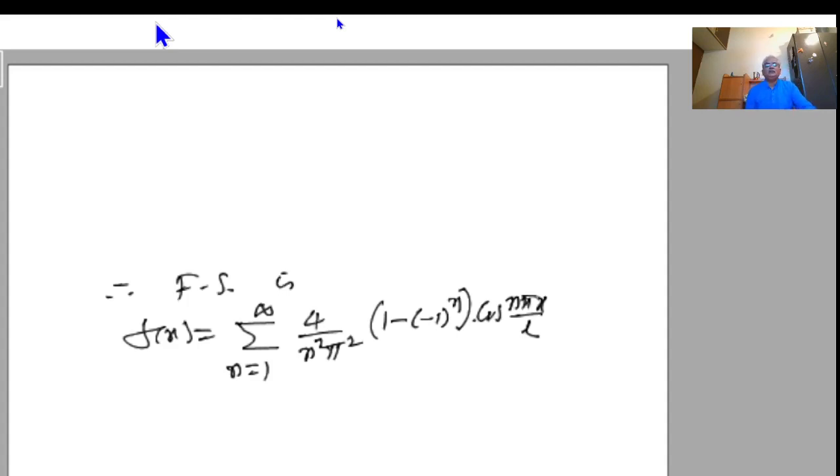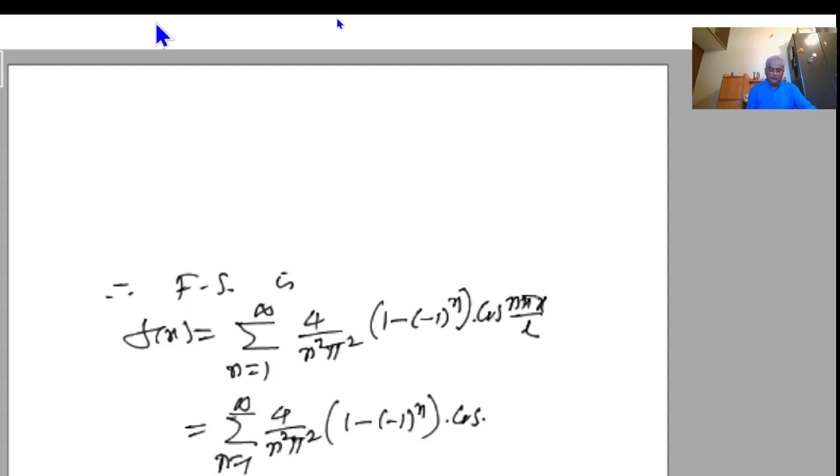Now put the value of L. So this is equal to summation n from 1 to infinity of 4 by n square pi square into 1 minus minus 1 to the power of n cos of, with L equal to 3 by 2, this becomes 2 in the numerator, 2n pi by 3 into x.